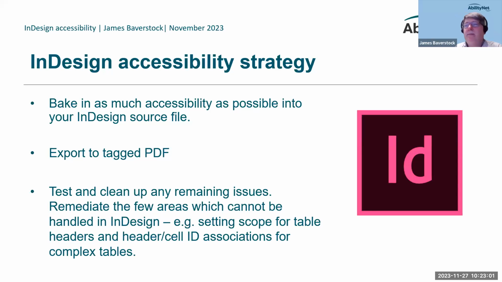Generally, we advise for tables, it's probably better to try to keep your tables simple so that you don't have to do extra work in Acrobat. There are a few things you might need to do in Acrobat, but generally 90% of the work you can do within InDesign, and that makes sure that you don't need to redo things in Acrobat if you need to make changes to your InDesign file.